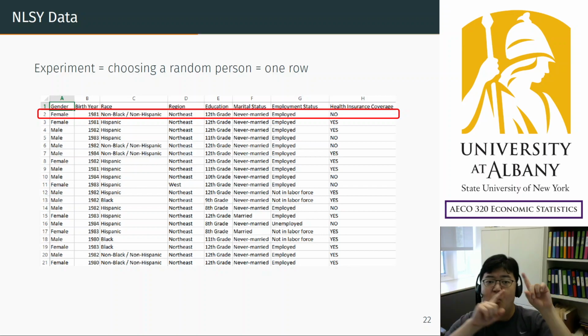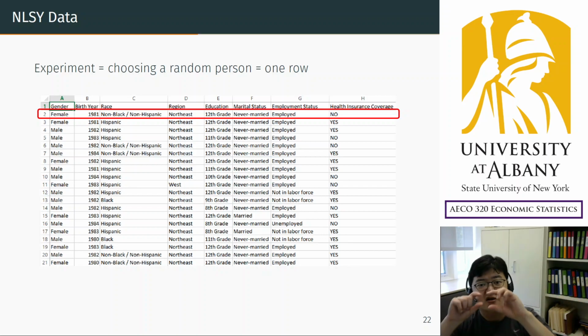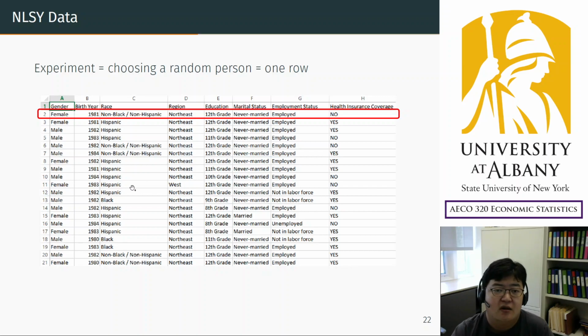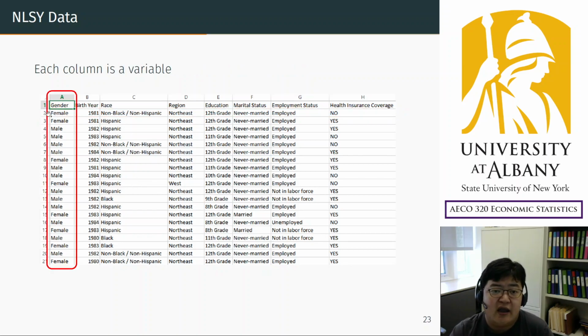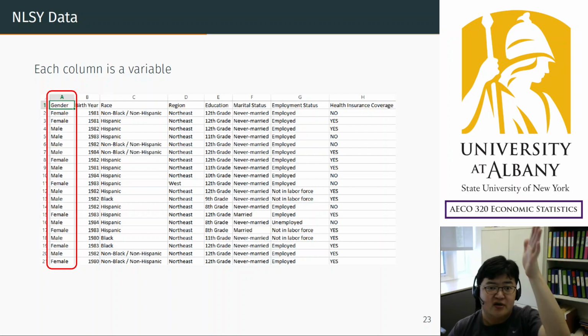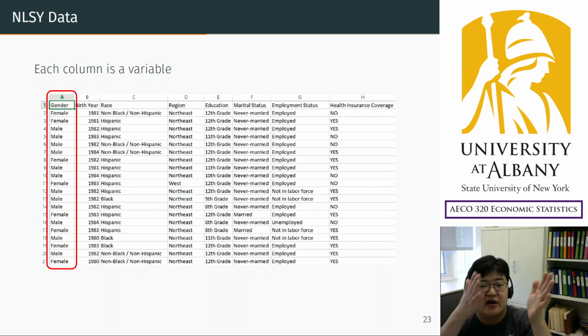In this case, one experiment is one person, so the observational unit is one person, and one person is one row from the data, right? And each column is called a variable. So gender is one variable, birth year is another variable. Like that, we call them variables. So you can imagine one question generates one variable. It's about one topic.